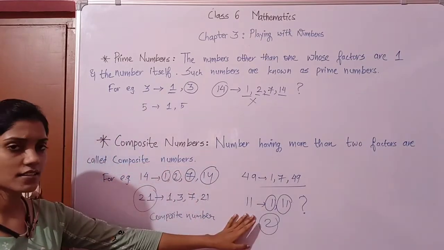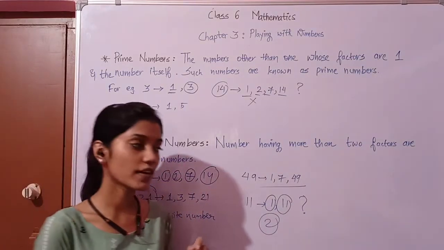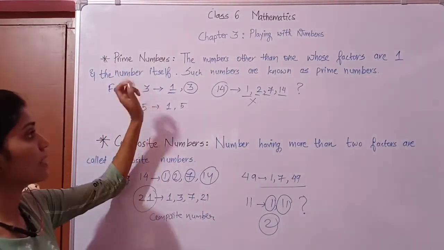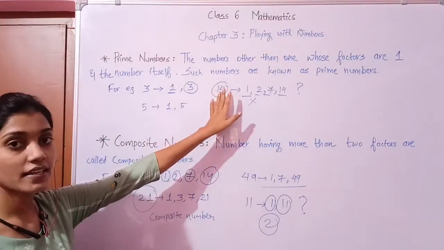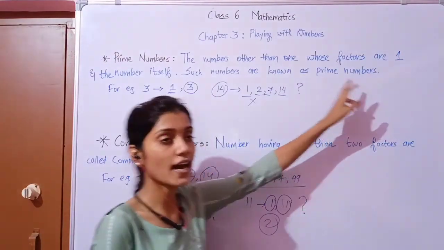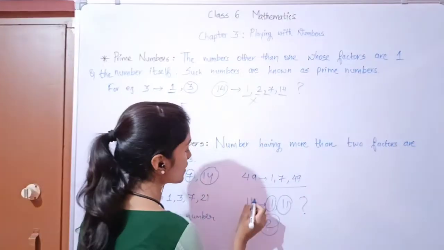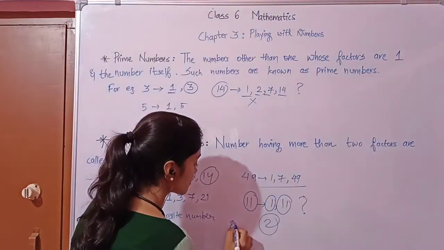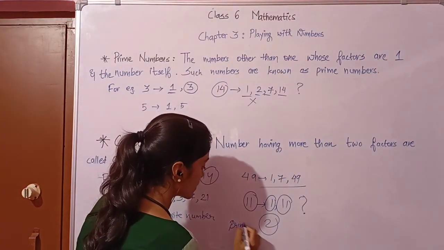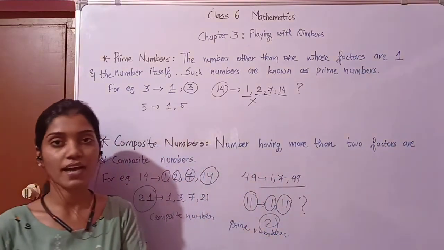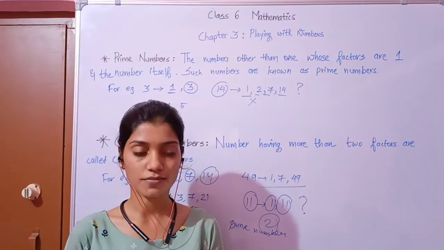So which number is this? This is a prime number. Very good. Why prime number? Because we have discussed that numbers having the factors 1 and the number itself are known as prime numbers. So I hope the prime numbers are clear to you all.